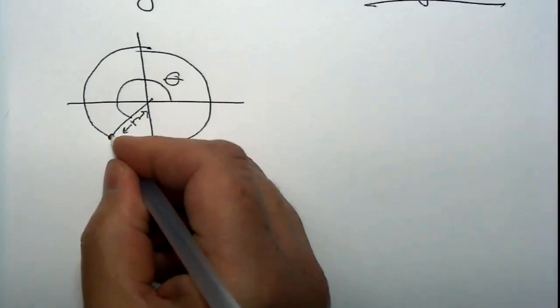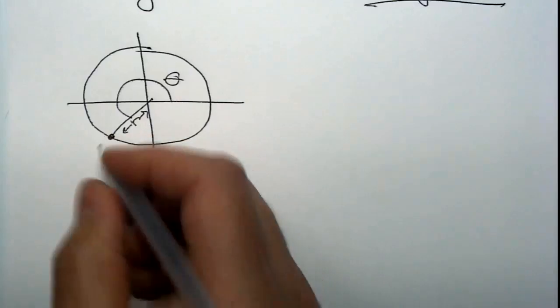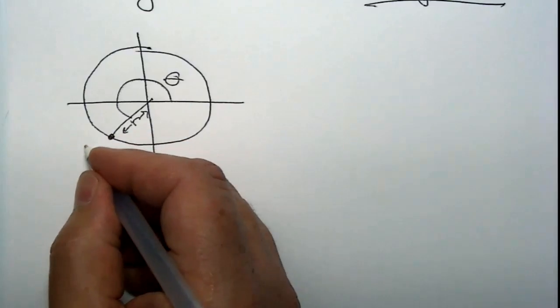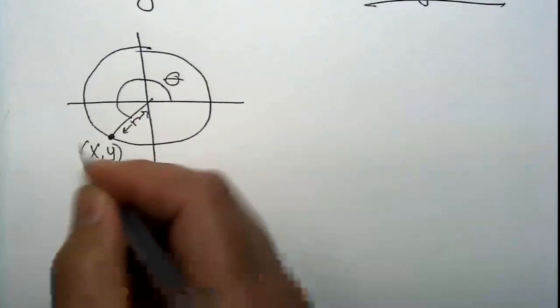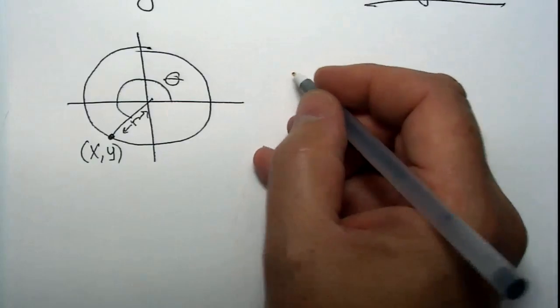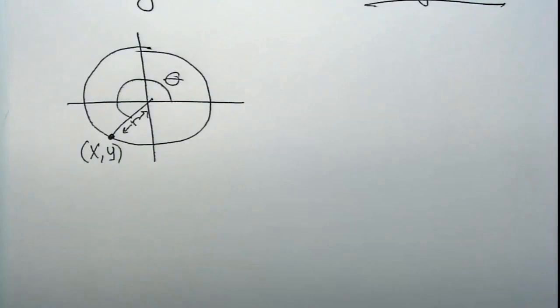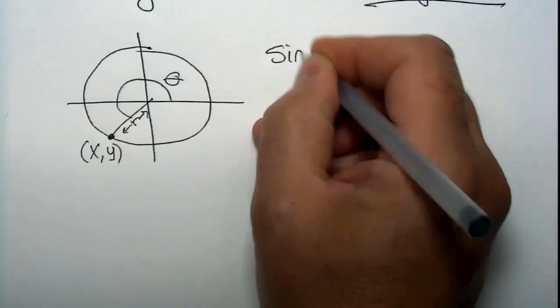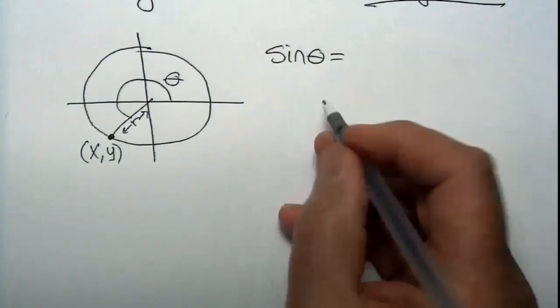And I'll also maybe help you get the location of this point x comma y. In fact, I might even tell you the location of that point. It turns out that you can now define the three trig ratios as follows.